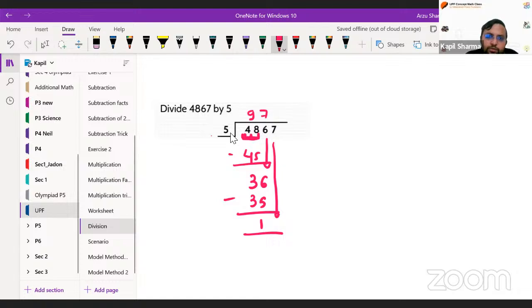We bring down 7. And 5 times 3 is 15. Okay, Parth, quotient is 973, remainder is 2.